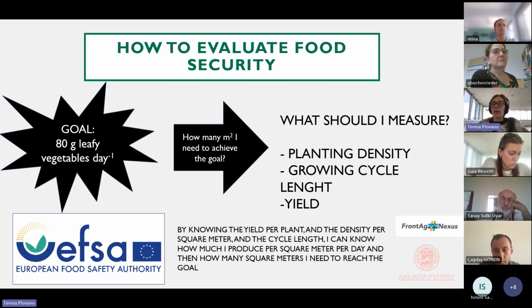So how much leafy vegetables do I need to produce? I can calculate it by measuring the planting density, the growing cycle length, that can vary obviously depending on the species, and the yield. By knowing the yield per plant, the density per square meter and the cycle length, I can know how much I produce per square meter and per day, and then how many square meters I need to reach the goal.